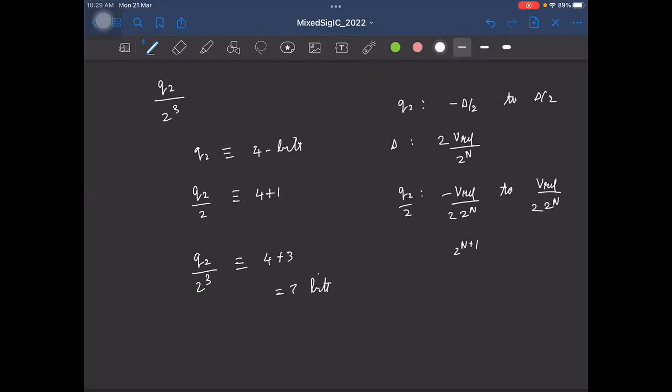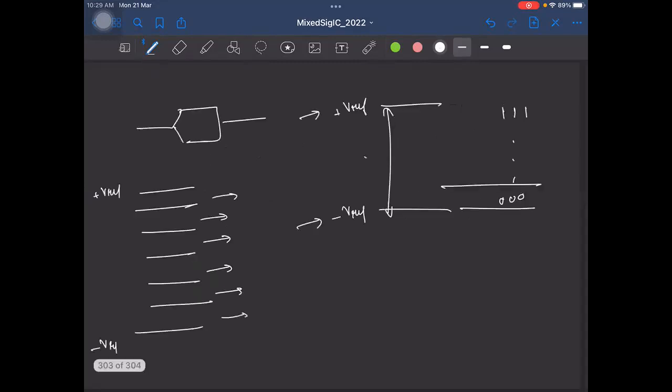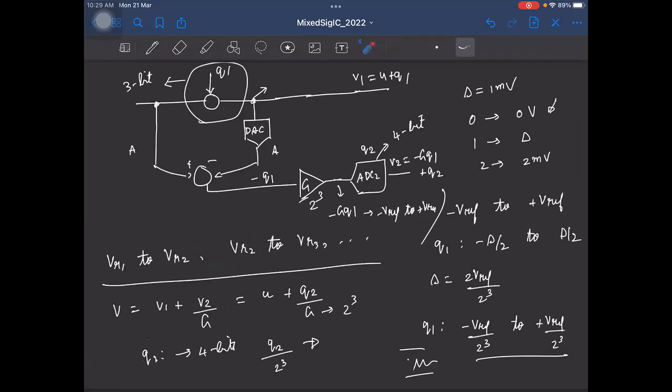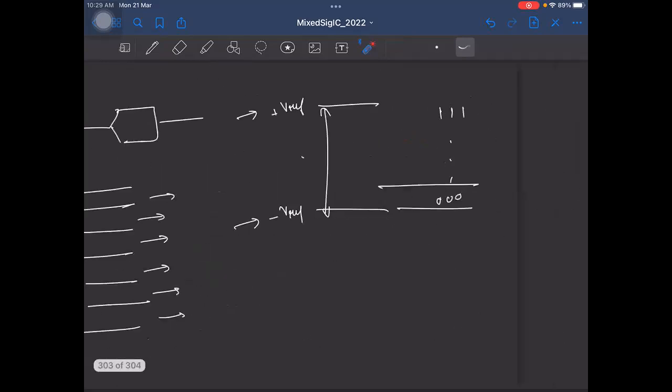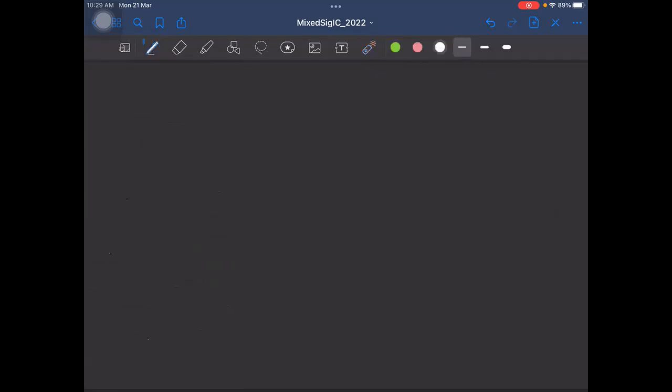Okay. So if you just take a step back and see, what we have done is we have taken a 3-bit ADC here, a 4-bit ADC, and we have put them in such a way that overall we have an ADC of 7 bits.